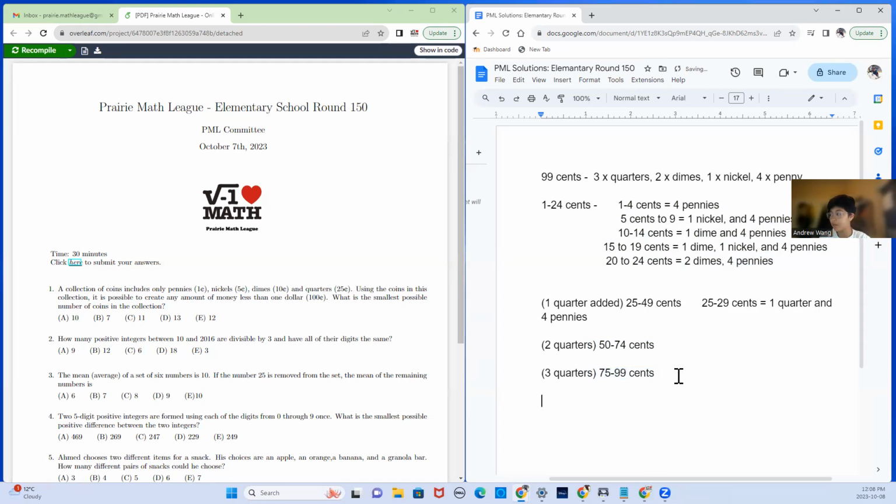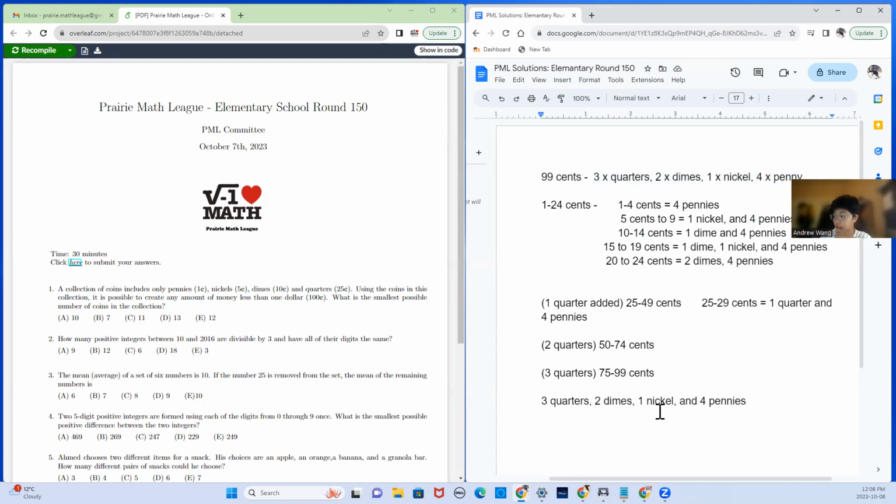So when we tally up the coins, the least amount of coins we need to get every single value from 1 to 99 cents will be 3 quarters, 2 dimes, 1 nickel, and 4 pennies. That's the minimum amount of value you need.